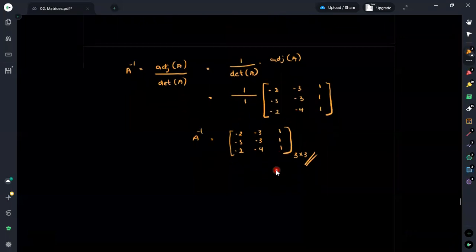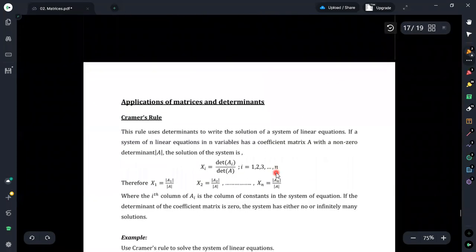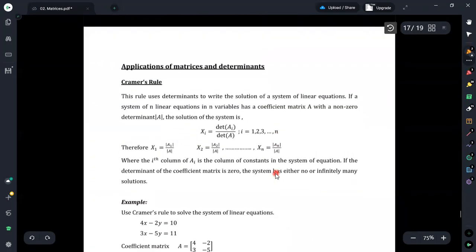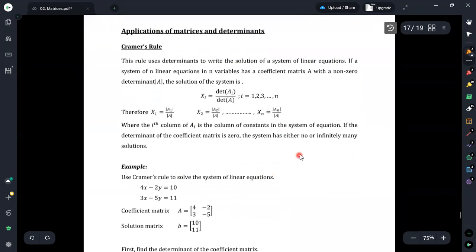And now I will move on to discussing the applications of matrices and determinants. Under the applications of matrices and determinants, I will discuss Cramer's rule.